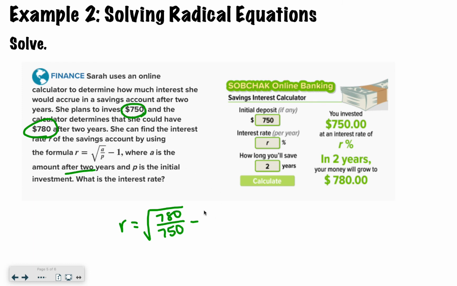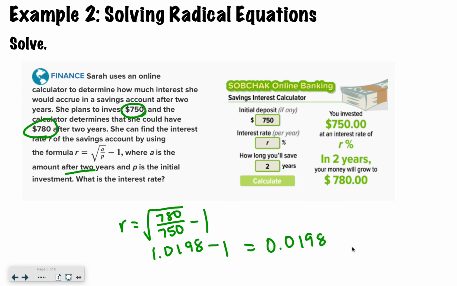And then we are going to subtract 1 from that number. So if I type in the square root of 780 divided by 750, I get 1.0198. I'll stop there.